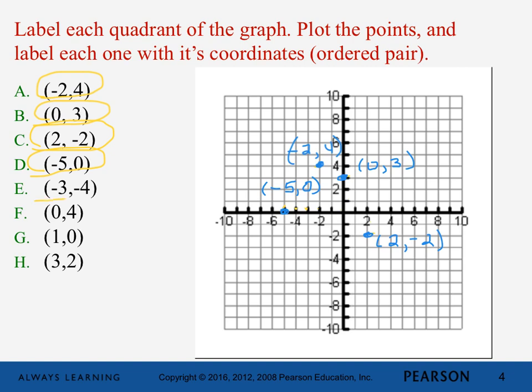And the point negative 3, negative 4 means we're going to go to the left 3. And then we're going to go down 4. And so here we have the point negative 3, negative 4.